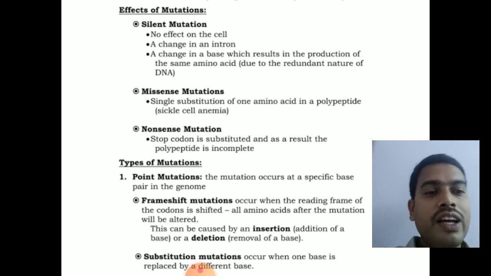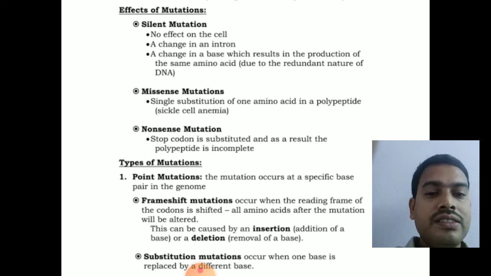With deletion of a nucleotide, 30 becomes 29 nucleotides, the reading frame is changed, and an improper protein is synthesized. So insertion or deletion of a single nucleotide changes the complete reading frame of the DNA sequence, which is called frame shift mutation.